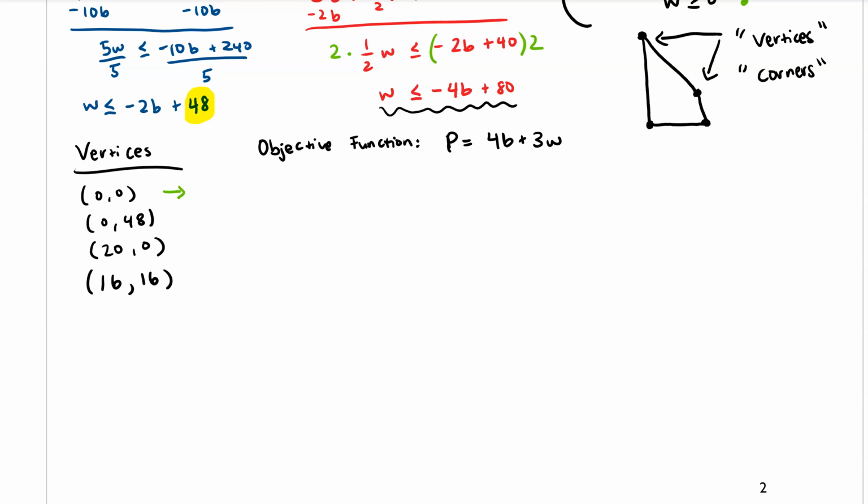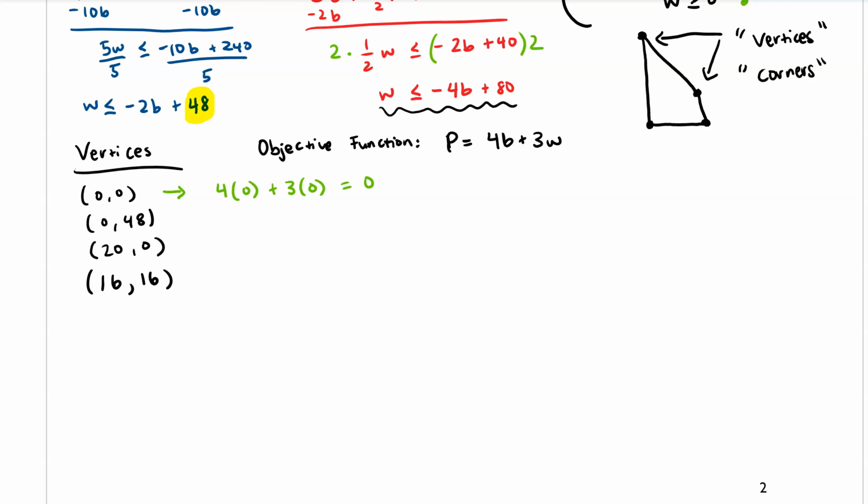All right, so (0, 0), I'm going to plug that into my equation here, the one that I have boxed in green. So I have 4 times 0 plus 3 times 0. Hopefully it's no surprise to you that this is going to equal 0 and will definitely not give us any profit.